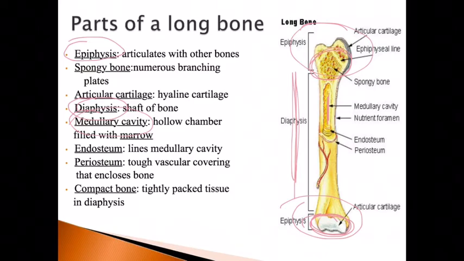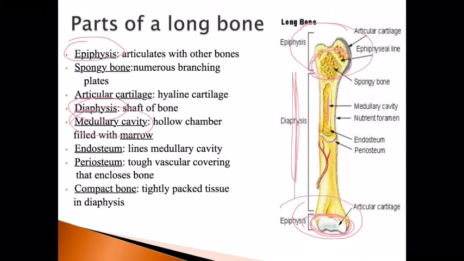Why wouldn't you want the bone to be completely solid? If we want it to be really strong, then don't we want it to be completely solid? Well, the answer is no, and that's because otherwise our bones would be really, really heavy. And if our bones are really, really heavy, they're going to be really hard to move around as well.